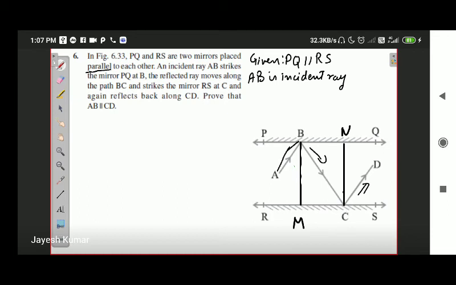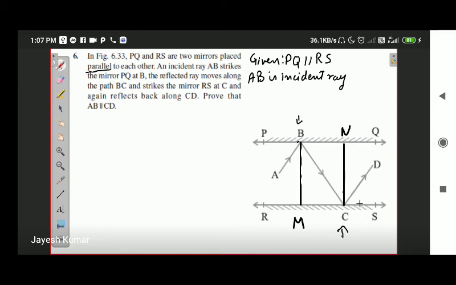So we can say for point B, the incident ray is AB and the reflected ray is BC. And for point C, the incident ray is BC and the reflected ray is CD. The reflected ray moves along the path BC, strikes the mirror at C and reflects again along CD.